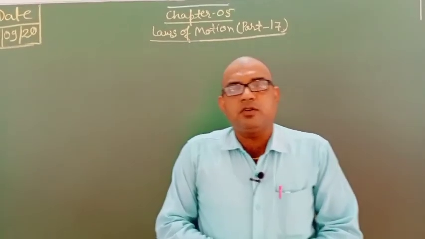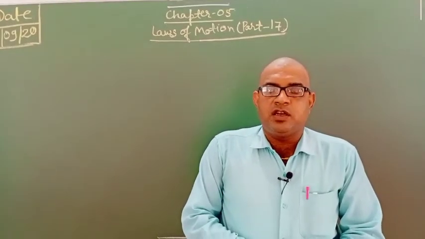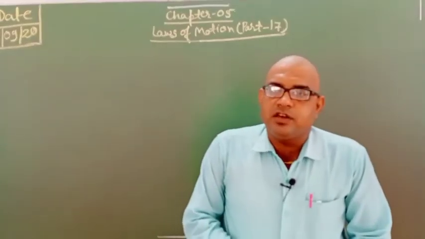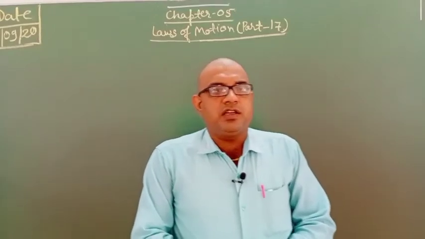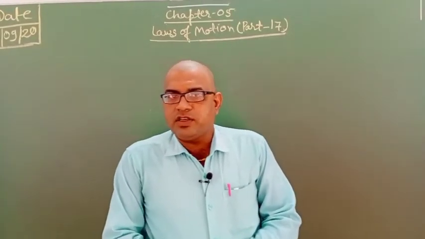As in the previous video, part 16b of chapter 5 laws of motion, we had discussed the various types of friction, including the types of kinetic friction: sliding friction and rolling friction.